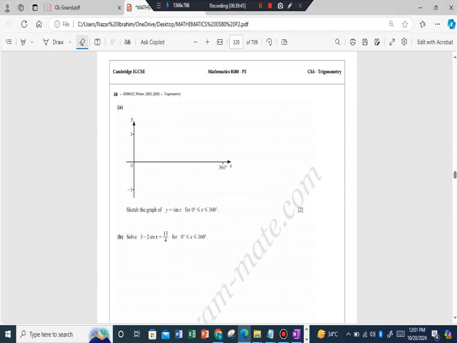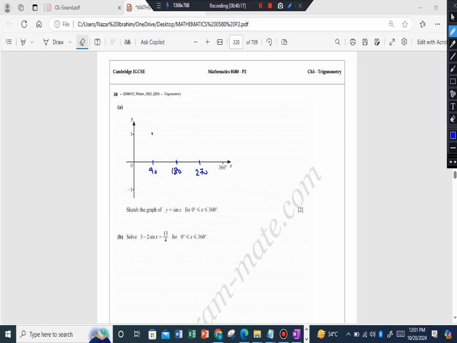Question number 50 again is required to draw a sine curve. I just make it in a rush because we have done it previously. This is 90, this is 180, this is 270, and this 360, right? It will be starting from this part. This was the first: sine 0 is 0, sine 90 is 1, sine 180 is 0, right?